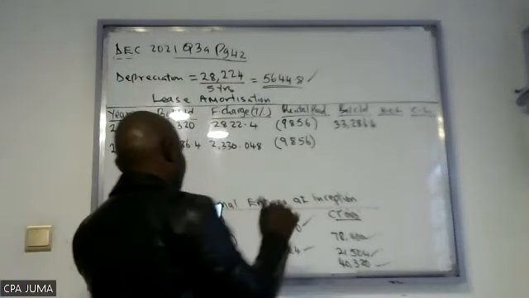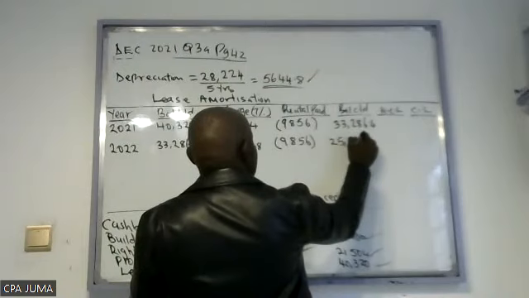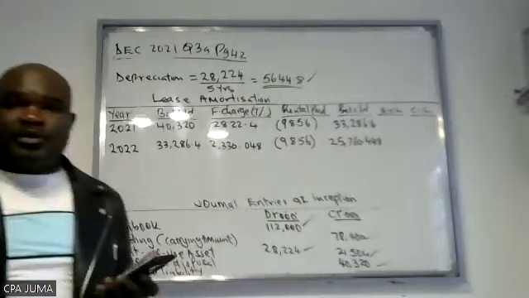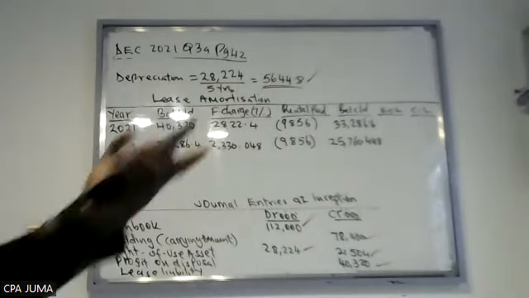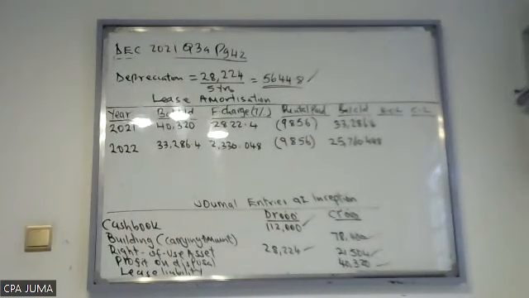You get 25,760.448. Confirm that you have similar figures before we derive the liabilities. Kindly confirm for me. Yes, just what has been confirmed. Allow others to finish.